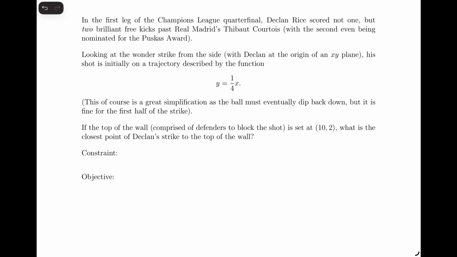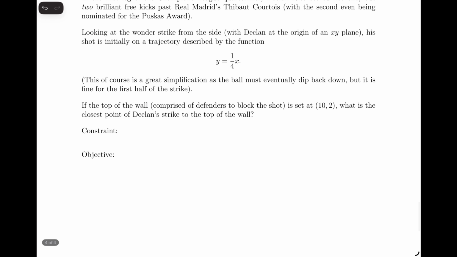This is obviously a pretty big simplification. One, because the ball wouldn't be exactly linear with spin and gravity, and even more so if we assume it's 1/4 x, it's always going to rise forever, which it doesn't. It would dip back down, but for this problem, we're only looking at the initial strike, so we'll simplify it as 1/4 x.